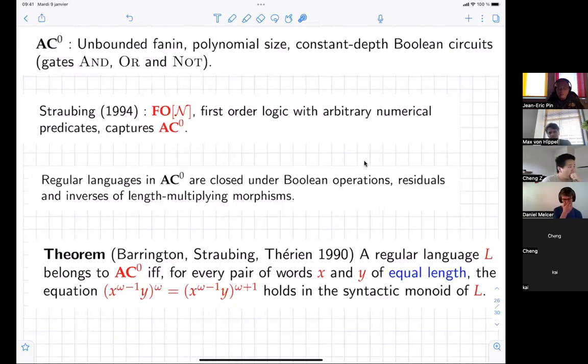And there are plenty of classes. I told you, for instance, for the modulo 2, with the mod 2 gates, there are some results. For mod 3 gates, there are some results. But for mod 6 gates, I think this is still open whether it's the same. It's more powerful than mod 3 gates, for instance.